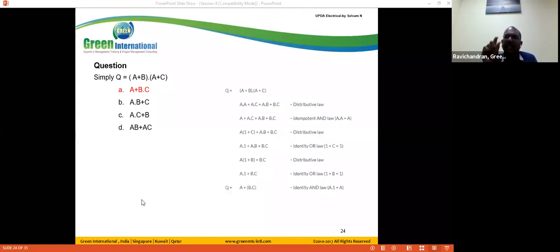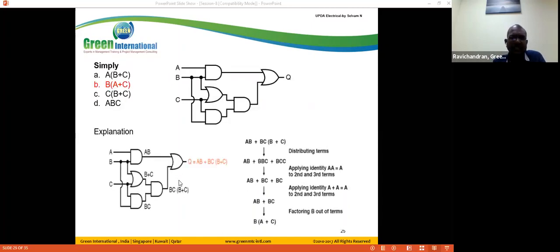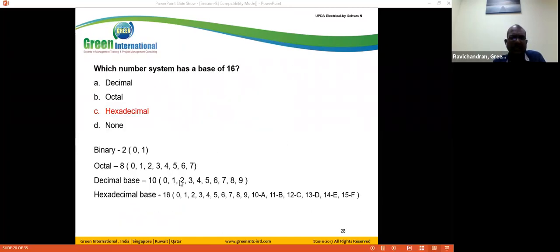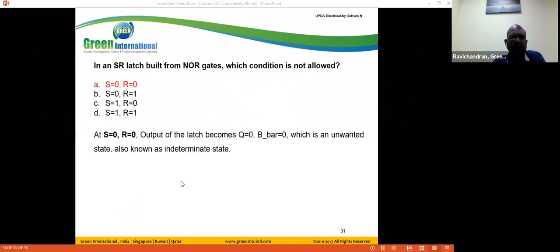Based on the truth table, they ask questions like this: in the SR flip-flop, irrespective of whether NOR or NAND is in use, which condition is not allowed? 0, 0, this condition is not allowed.